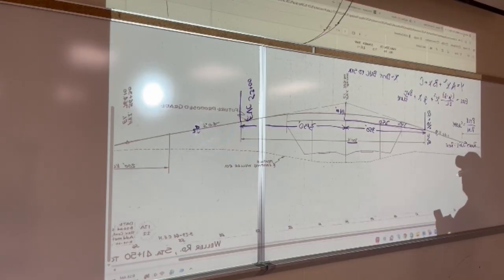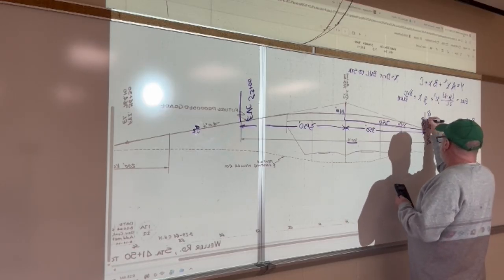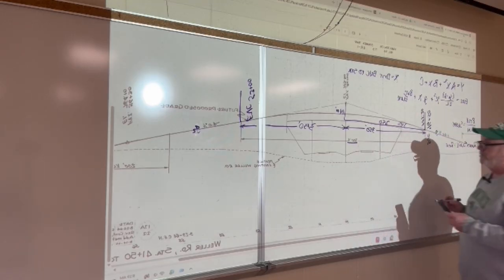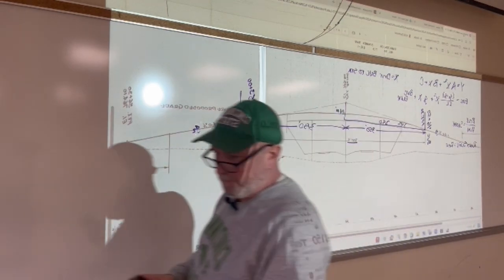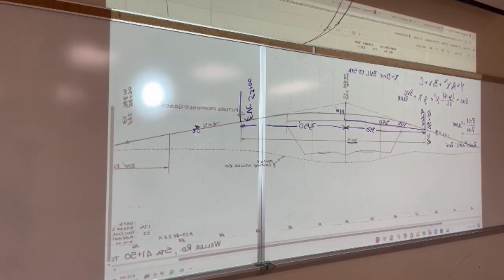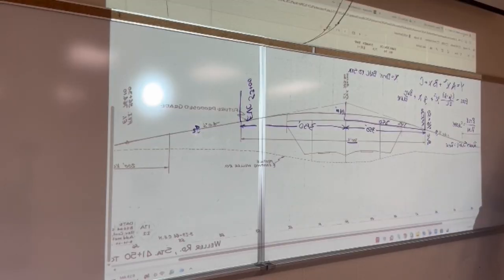Take that 14 from your PVI elevation, the 798.3, and we get an elevation of 775.30. Nothing too crazy so far.